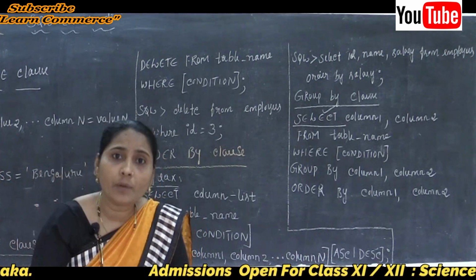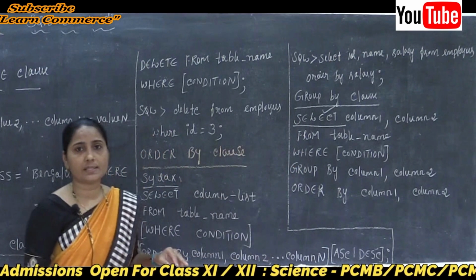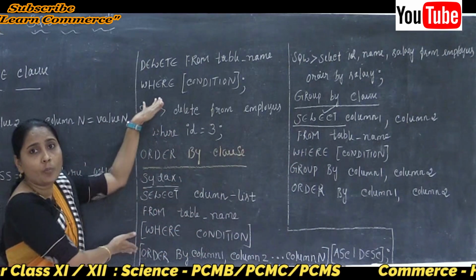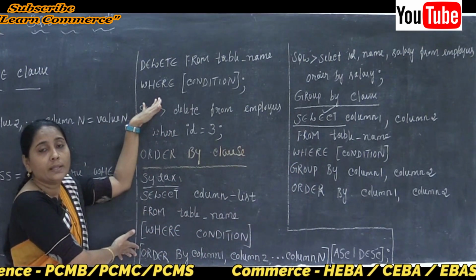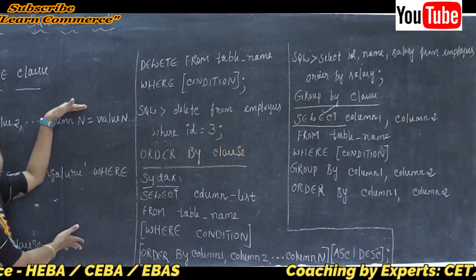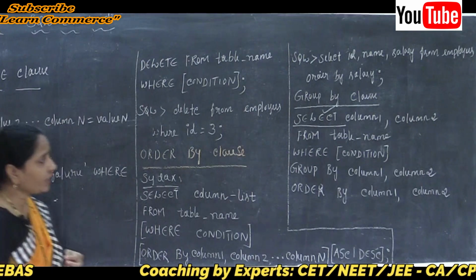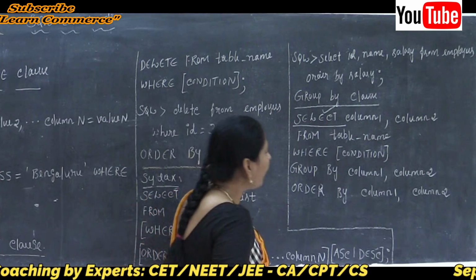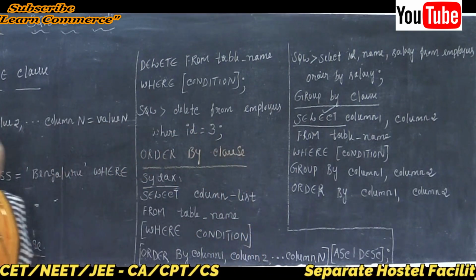But in the group by clause, it is going to accept the group, that means it groups the rows of data and accepts the full column value. Clear this point here? So we can say it arranges the identical data into groups.